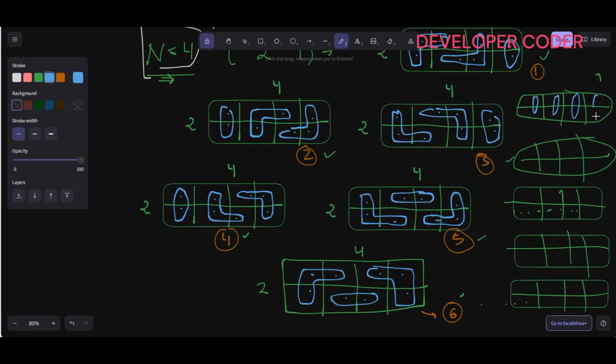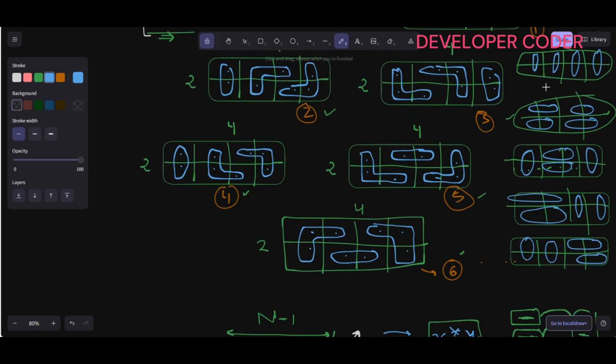Second case, if you use them horizontally, then also the whole tiling area is covered. Third case, you use it like this, here like this, and here like this. Fourth case, like this here and here like this. And the fifth case like this. So 6, 7, 8, 9, 10, 11. These are the 11 different ways.